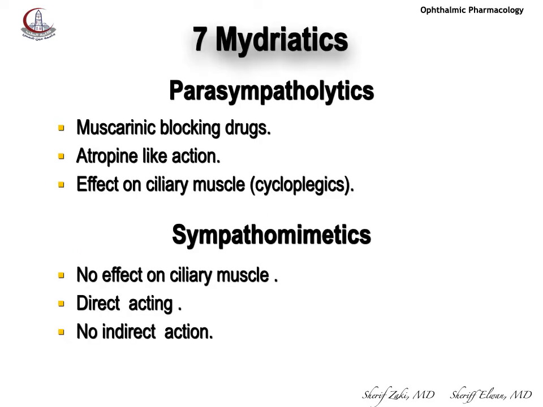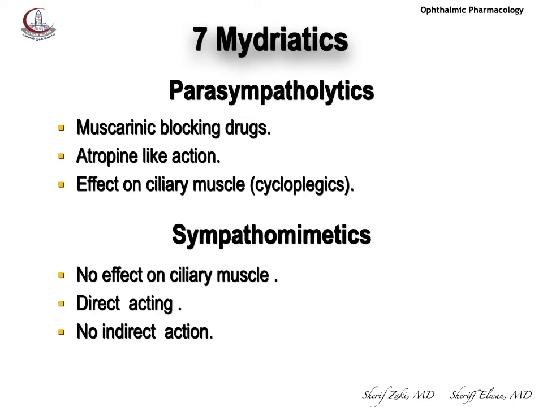Now we shift to another title, which is mydriatics, and mydriatics are the drugs used to dilate the pupil. And from what we said, we can easily say that mydriatics can be either parasympatholytic drugs, that is anti-parasympathetic effect, or sympathomimetic drugs.